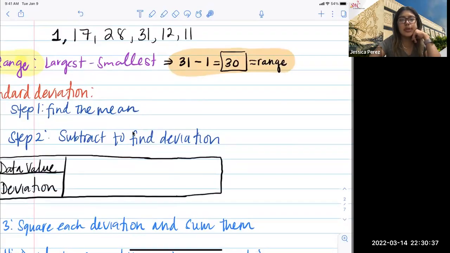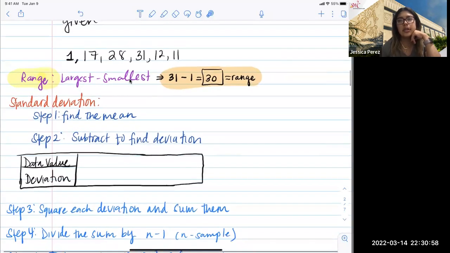You can find exactly step by step how to find standard deviation there, under PowerPoints in my modules. So I actually write it here.